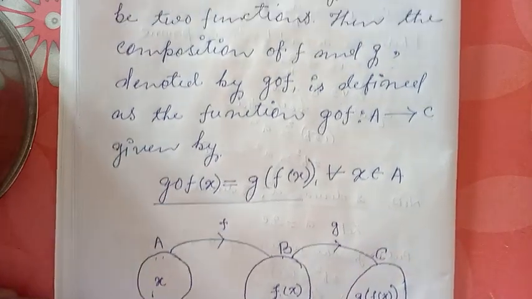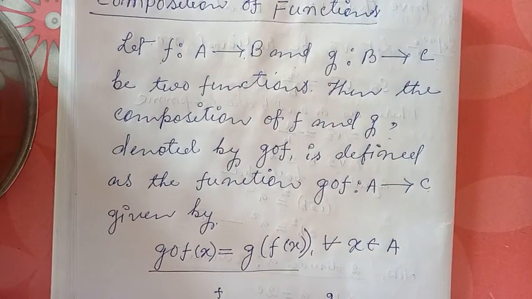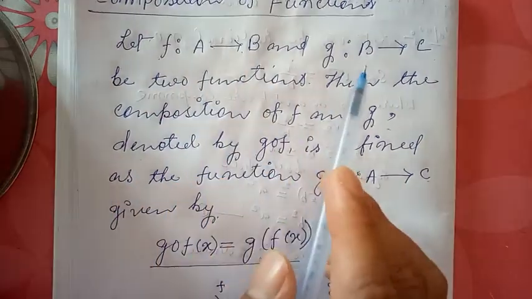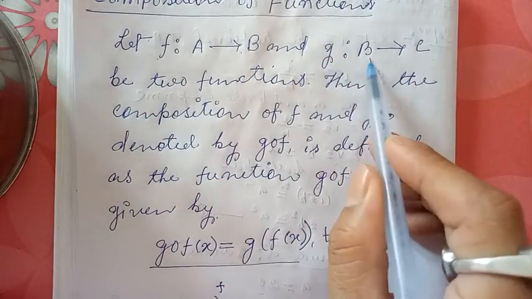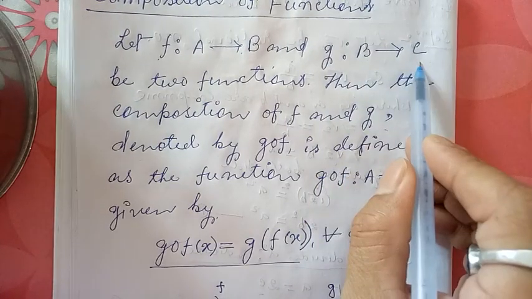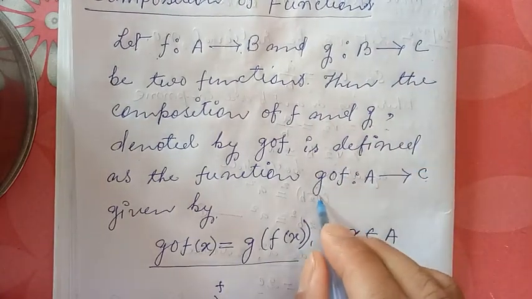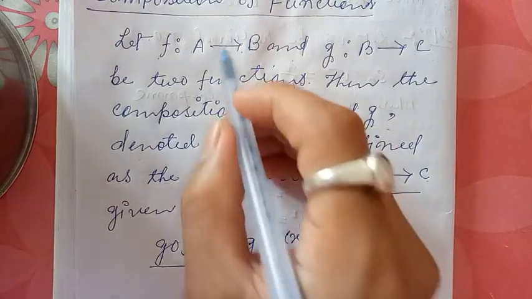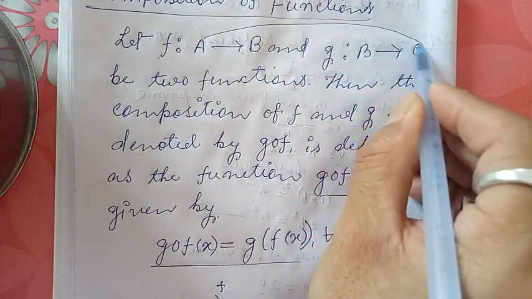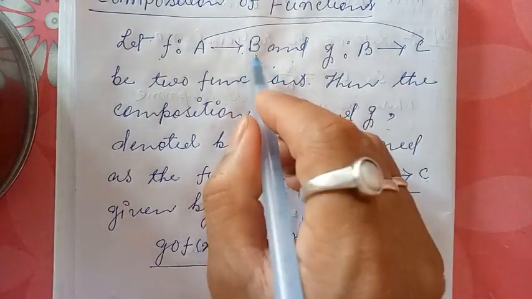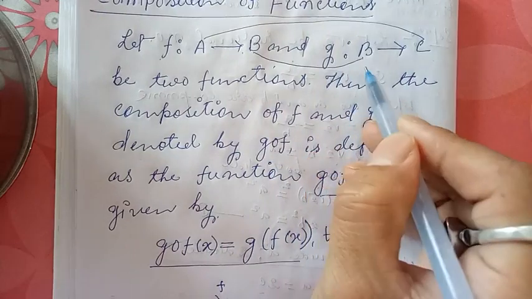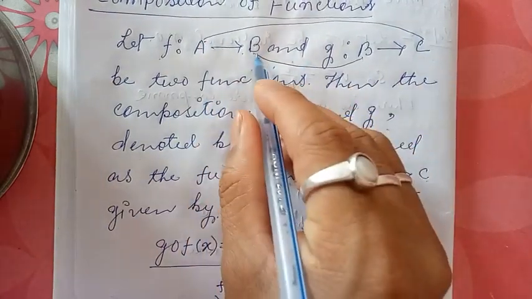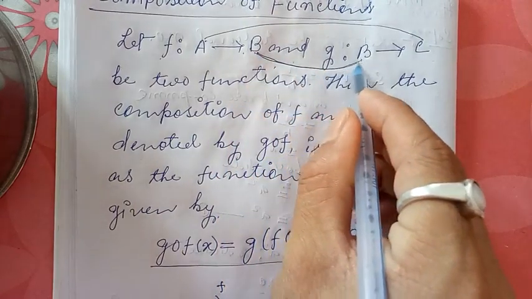Once again, you see the definition. Two functions: f from A to B, and the second function starting from B to C, and the main product is obtained like this, directly from A to C. This process in the middle we are not interested in, but for getting A to C we also do this process.